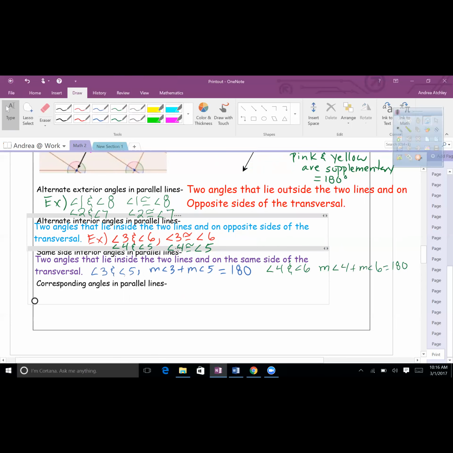Okay, and those are two angles that occupy the corresponding positions.